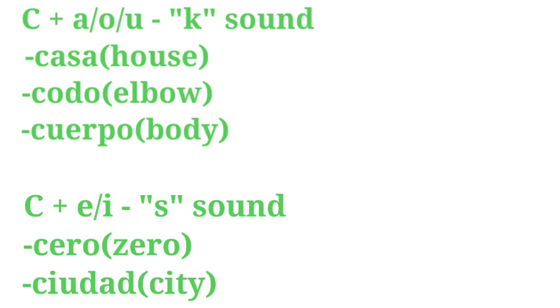Let me rephrase that in terms of los alfabetos of Spanish language. So if la C has A, O or U next to it, it gives a sound like K. Okay? And if la C has I or E next to it, it gives the S sound.